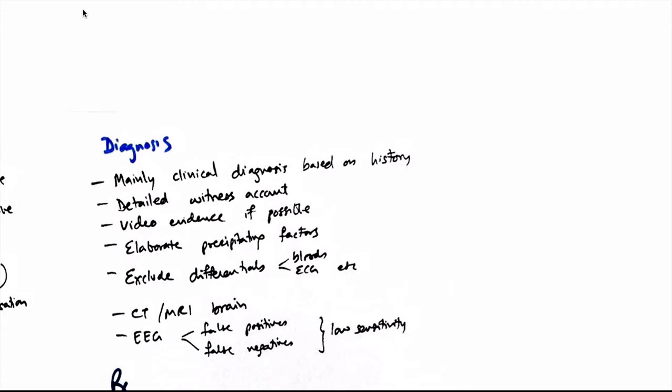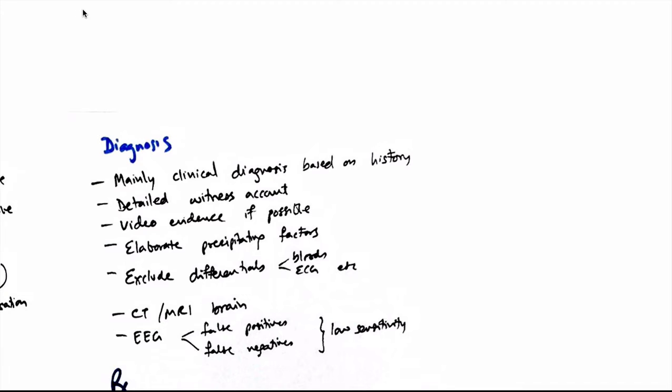If people could provide video evidence, that is very helpful to make a diagnosis. We'd also try to elaborate precipitating factors and exclude differentials. Sometimes we do blood tests and ECGs to exclude differentials. A CT scan or MRI of brain is often used to look at underlying structural brain abnormalities.